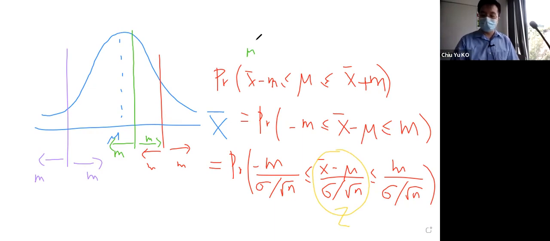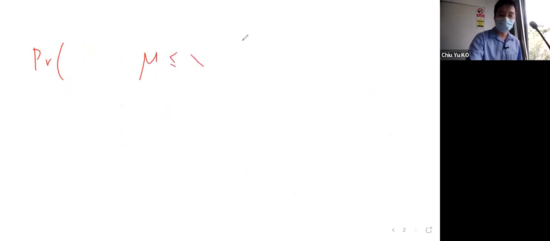Now let me rewrite this in the next slide. Actually, everything is already in the slides, but I'm just writing it down in another presentation format. Just to repeat the statement, what I have is mu between x bar minus m and x bar plus m.